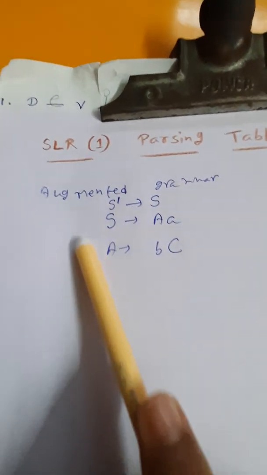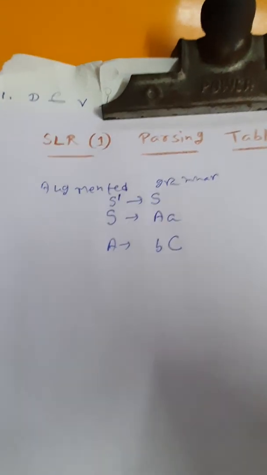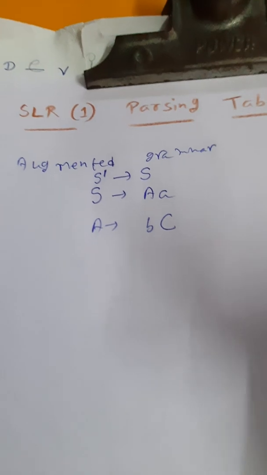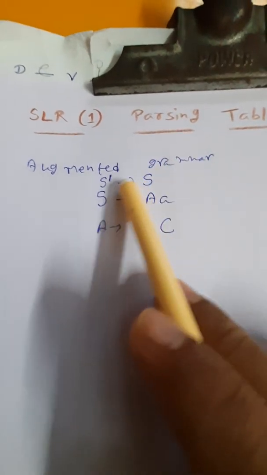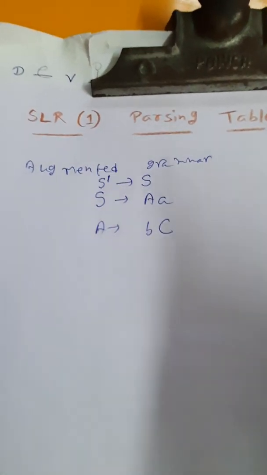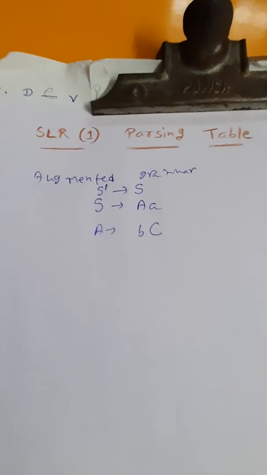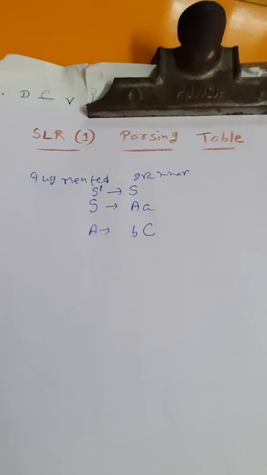So this entire thing is the augmented grammar. In gist, the augmented grammar is the given grammar plus one more rule with a new symbol, S prime produces S, where S is the previously given starting symbol.